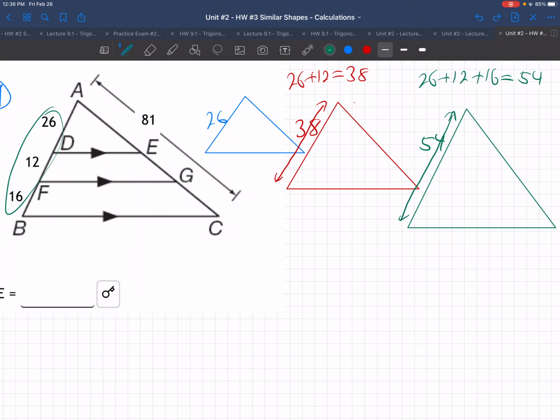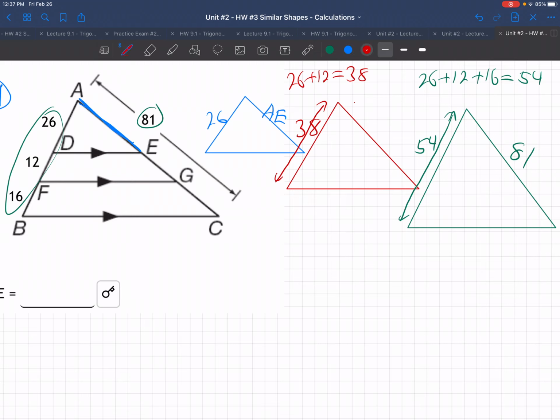And the right side, of course, is 81 for the big one. Now, we don't know the right sides for the other 2. This is AE, right, from here to here, AE.